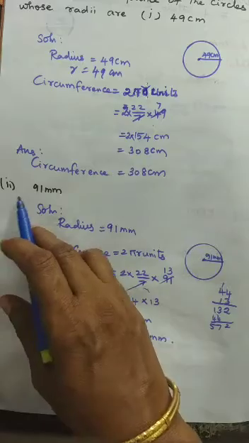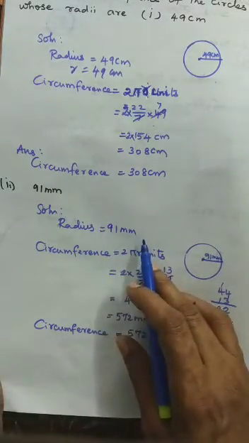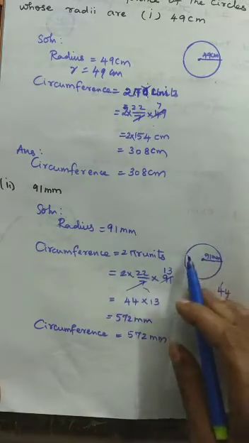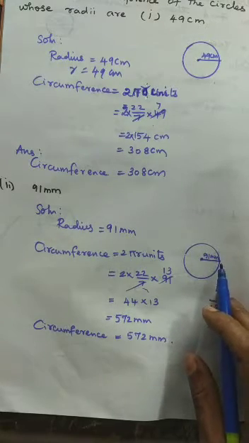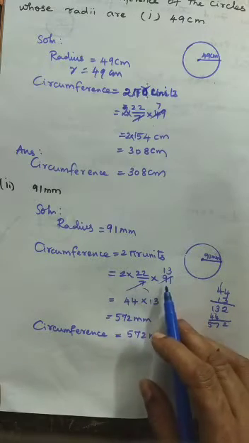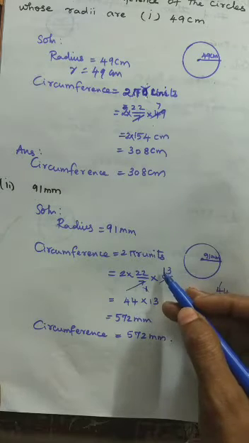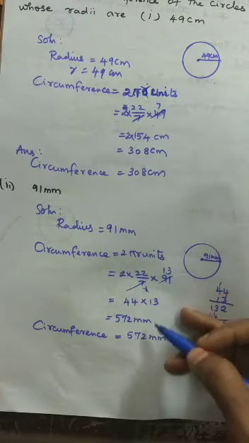Then second one, 91 millimeter. That is radius 91 millimeter. Circumference is equal to 2 pi R units. Then draw a circle. From center to the circle is 91 millimeter. So 2 into 22 by 7 into 91. 7 ones are 7. Here 7 ones are 7 and remainder 2 21. 7 threes are 21.